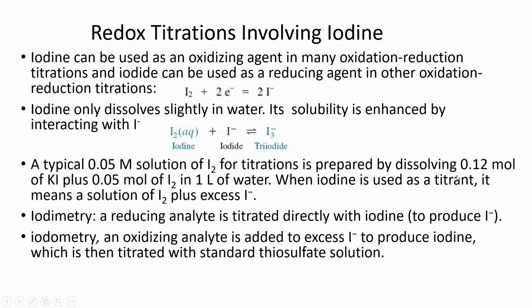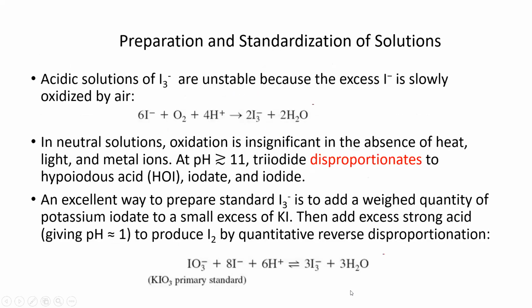So iodimetry is the direct titration whereby your reducing analyte is titrated with iodine to form iodide. In iodometry, your oxidizing analyte is added to excess iodide to produce iodine, which is then titrated with standard thiosulfate solution. We look at them one after the other.